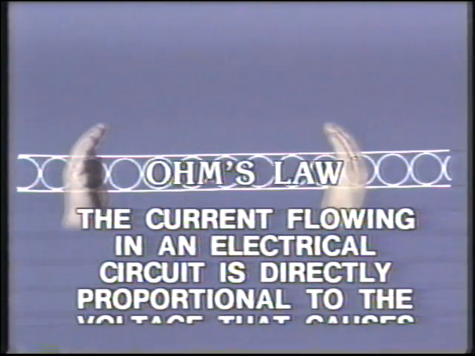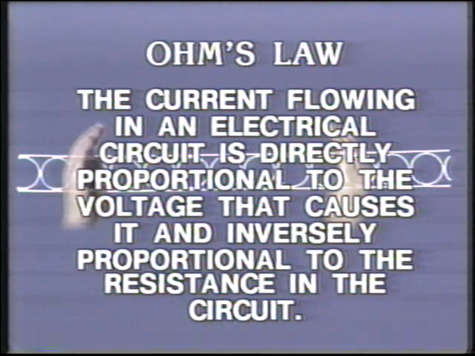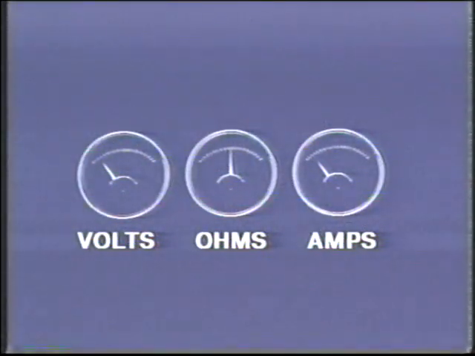Ohm's law states that the current flowing in an electrical circuit is directly proportional to the voltage that causes it and inversely proportional to the resistance in the circuit. That simply means that as voltage increases, current increases if resistance remains constant, and that current decreases as resistance increases if voltage remains constant.